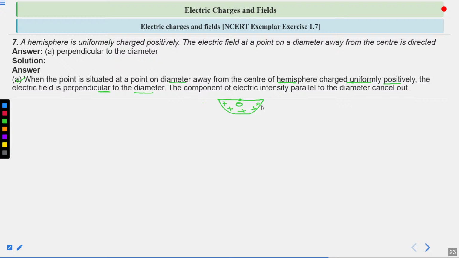Due to this positive charge, the direction of the electric field is perpendicular to this surface, like this. The electric field is perpendicular to the diameter. So this one is the diameter. The component of electric field intensity parallel to the diameter cancels out.